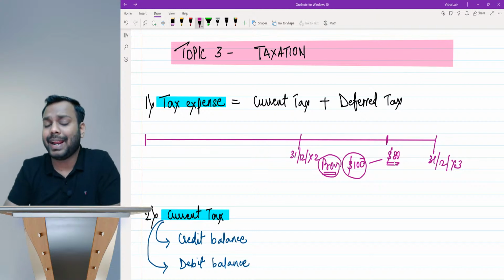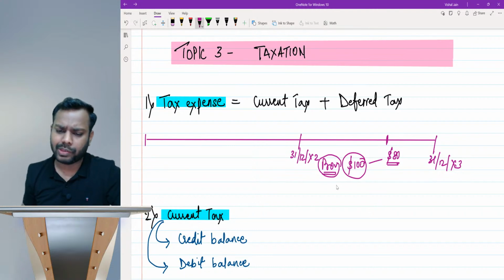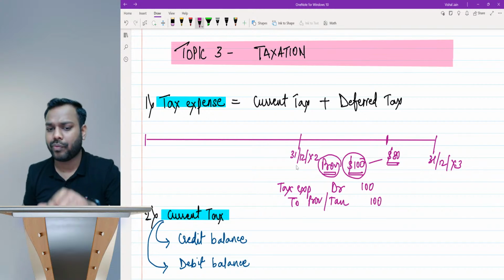Before I move on, tell me what entry I'll pass here. When I'm making it as 100, I will record tax expense account debit to provision for tax, amount 100.